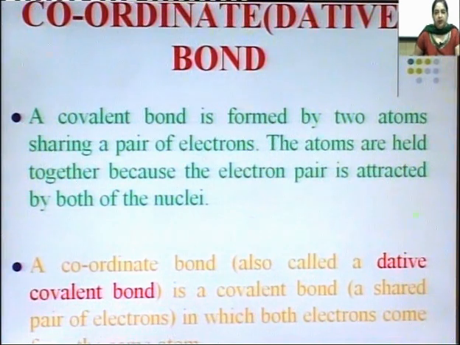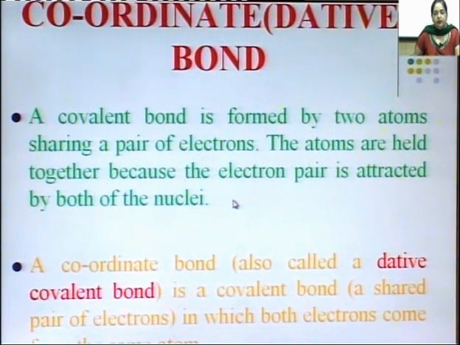What is a coordinate bond? It is also called a dative bond. A covalent bond is formed by two atoms sharing a pair of electrons. The atoms are held together because the electron pair is attracted by both of the nuclei.